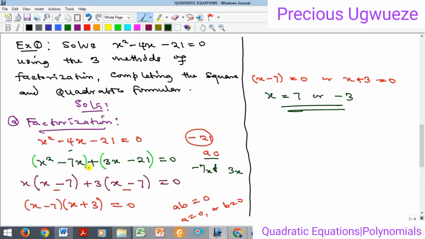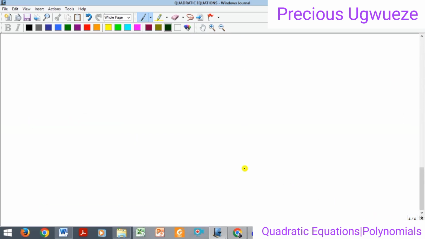And then the next step is to factorize. When you factorize, then you get two brackets. Then the final step is equate each of the brackets to 0 and then solve for x, and you will have your answer. And that is the required solution. Okay, so quickly, let's go to the next one, which is the method of completing square.